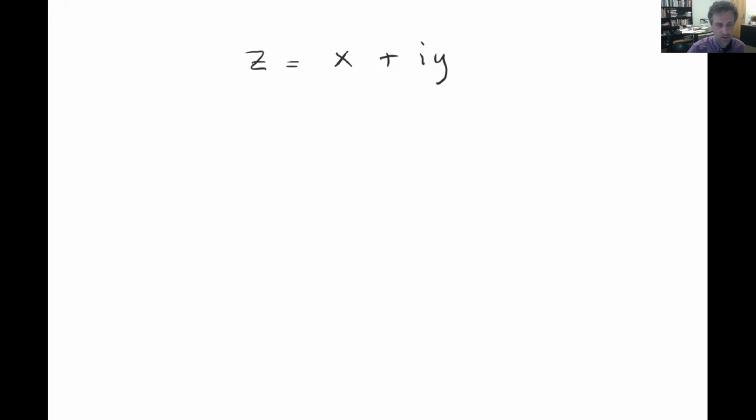Sometimes x is equal to 0, then the number is completely imaginary. Sometimes y is 0, and then the number is completely real. But in general, for complex numbers, x and y are non-zero, and so they have both real and imaginary components. So the real part of this complex number z equals x, and the imaginary part of the complex number z equals y. Those are definitions, right?